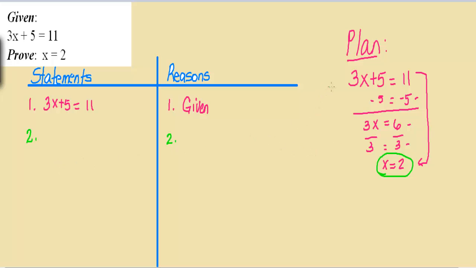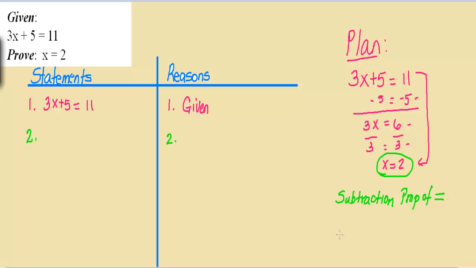So I want to talk to you about the subtraction property of equality. The subtraction property of equality says that if you subtract the same number on both sides of an equation, you will end up with an equivalent equation.